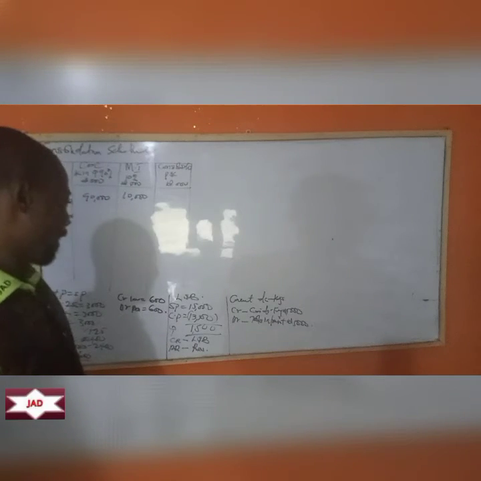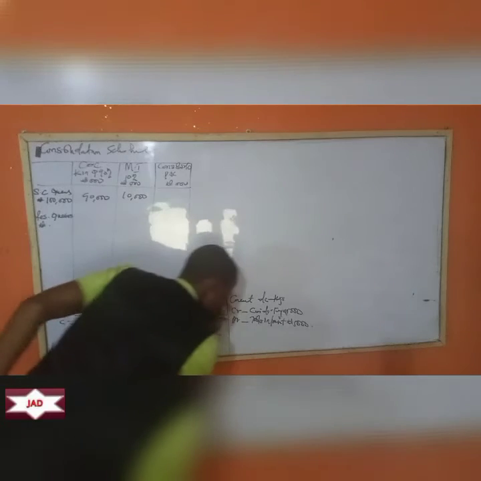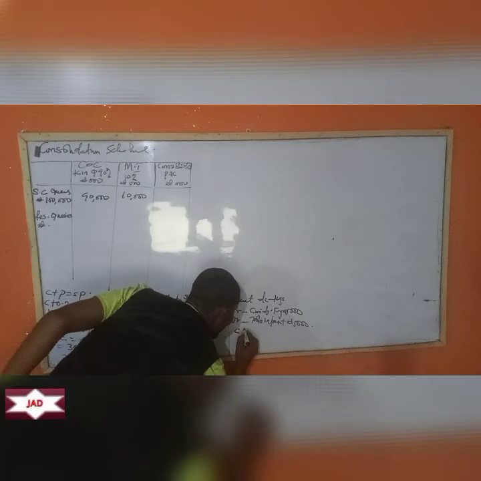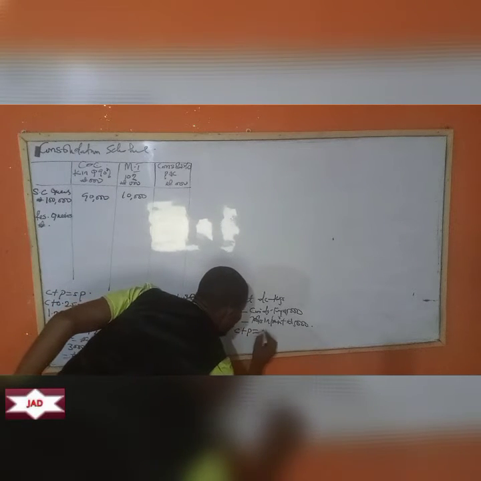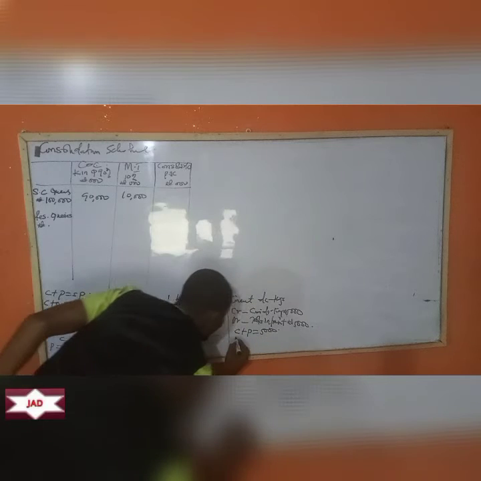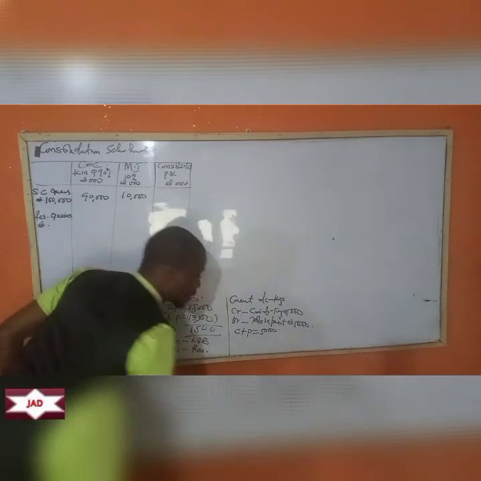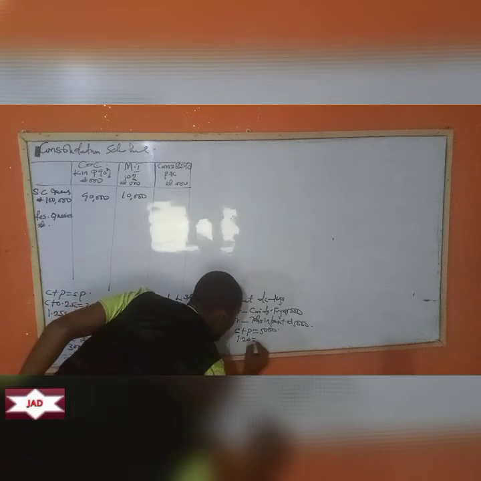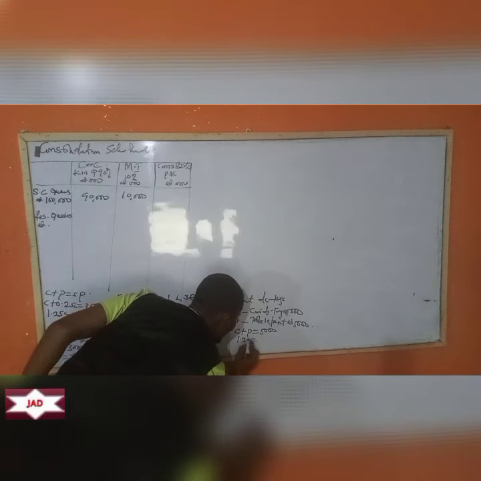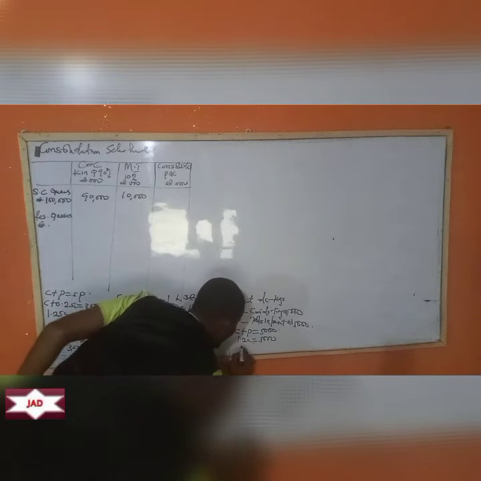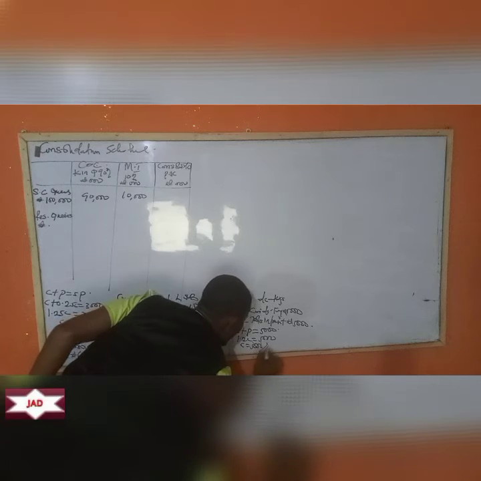So it means that we're going to have C plus P equal to 5,000. It says 20%, so that would be 1.2C equal to 5,000. So C will be 5,000 divided by 1.2.